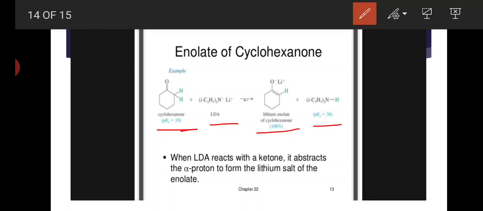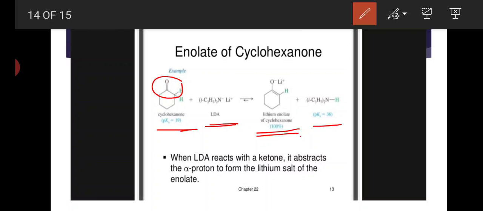First, cyclohexanone reacts with lithium diisopropylamide and is converted to the lithium enolate of cyclohexanone. Here this is the keto form. This keto form is converted to the enol form in the presence of lithium. So here is the lithium enolate of cyclohexanone.